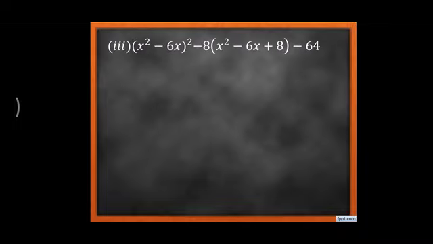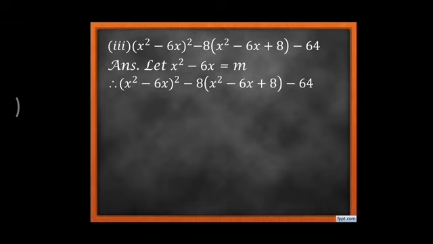Next we are doing the third question, that is (x² − 6x)² − 8(x² − 6x + 8) − 64. So let x² − 6x be equal to m. Therefore this polynomial gets reduced to m² − 8(m + 8) − 64.